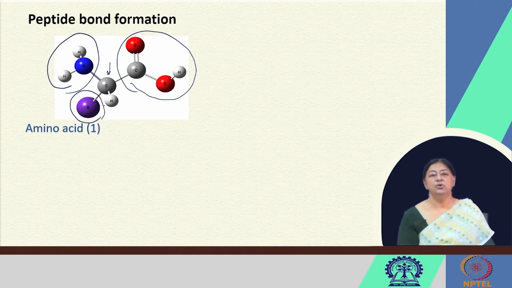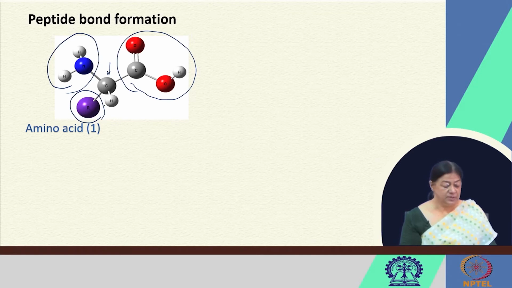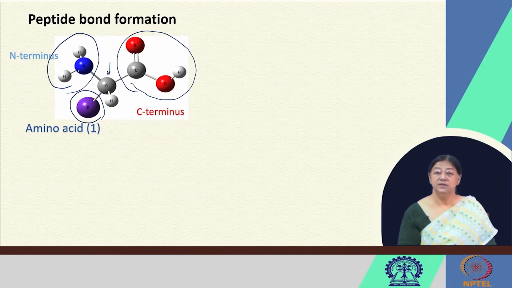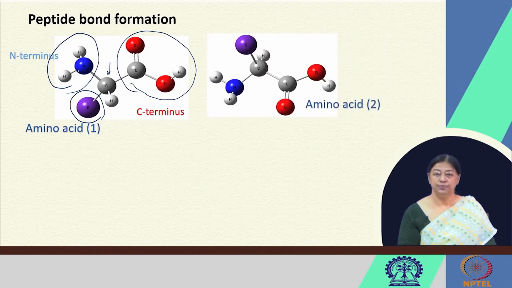So, this we know is characteristic of all amino acids. We have now amino acid 2 come. So, we have the N terminus that is given by the NH2 group, we have the C terminus given by the COOH group, and now we have amino acid 2.